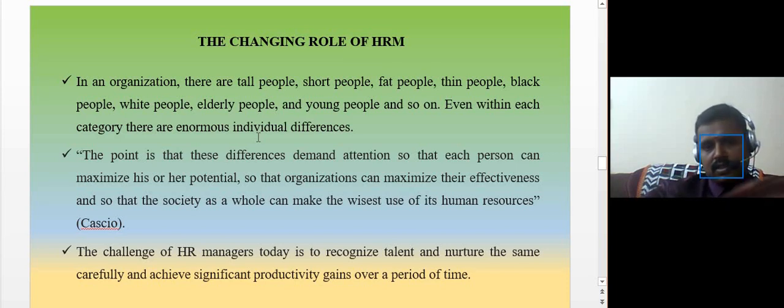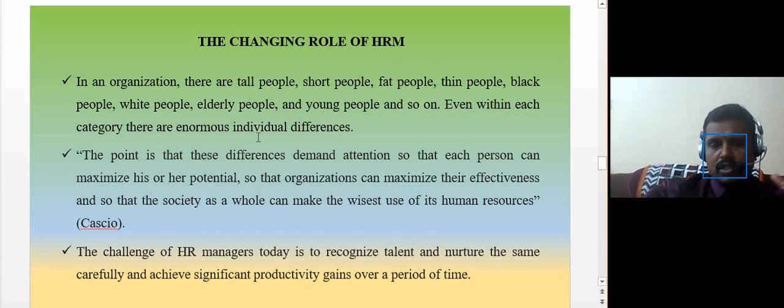We can make individual differences based on the uniqueness of the individual. And the second point is that these differences create a demand for attention to each person to bring out maximum potential, maximum effectiveness, and maximum output for human resource practices.